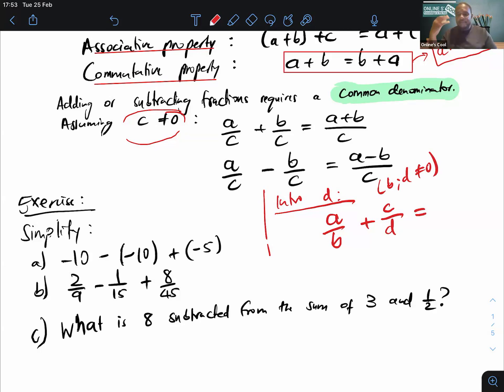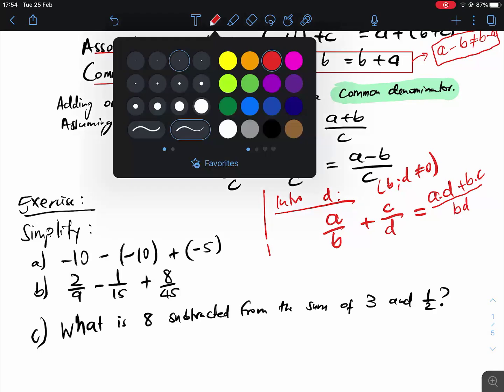So if I've got a case where the denominators are not the same, how would I add it? We're going to say A times D plus B times C, divided by BD.